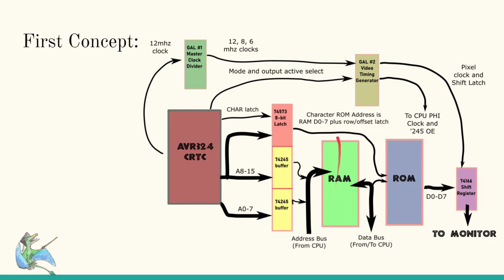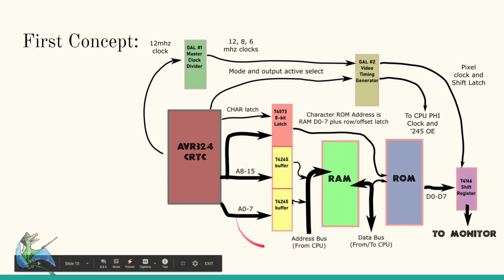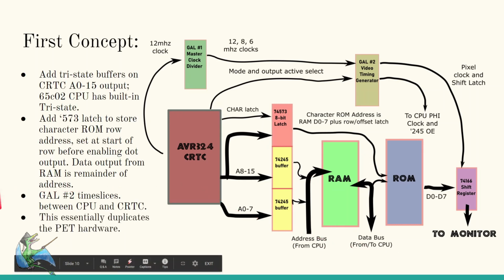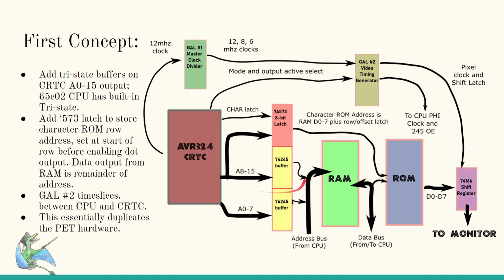So basically we're just inserting this little thing so we can share, and turning the ROM from the prototype into a RAM. As I said in my bullet points when I neglected to click through, this essentially duplicates what the PET schematic was doing.